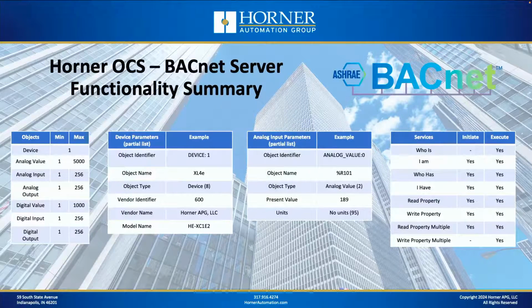Okay, that second and third chart shows the individual parameters and properties that are available for the device object, which is required among all BACnet devices, as well as the analog input object, which is often used with a Horner controller if you've got a temperature or something else that you need to share with the system. And then on the far right there is the list of services that are supported by the Horner controller specifically. So again, these are the different areas within the BACnet protocol that help assure consistency as well as interoperability.